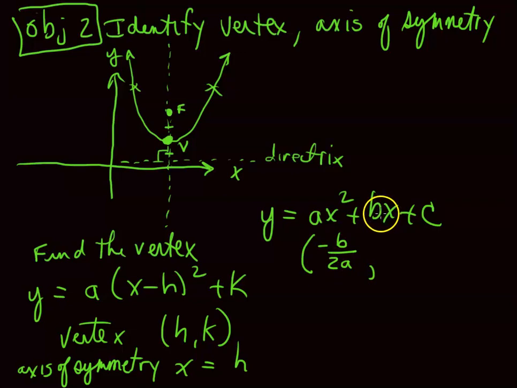Take the opposite of the middle term's coefficient, divide it by twice the leading coefficient. Plug that back in to find out what y is, and that is your vertex. And that means that the axis of symmetry is this x-coordinate, the negative b over 2a.